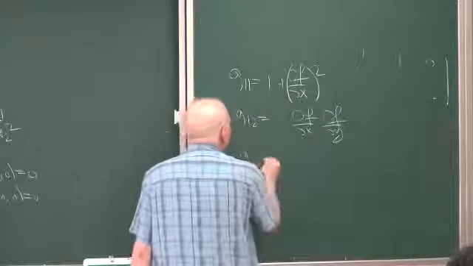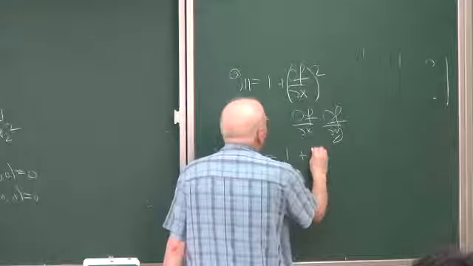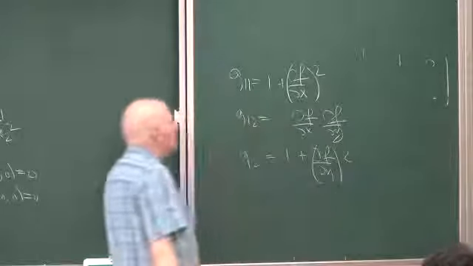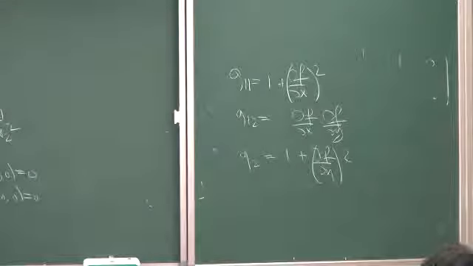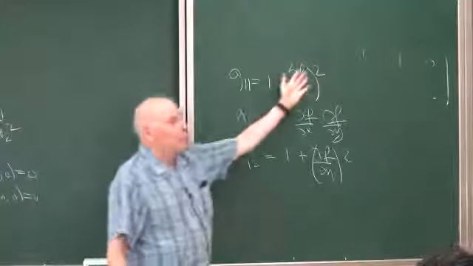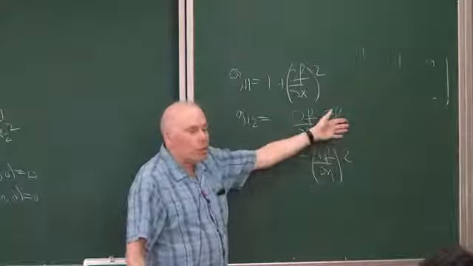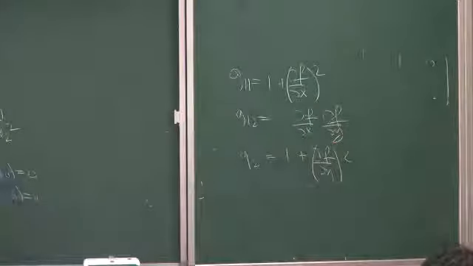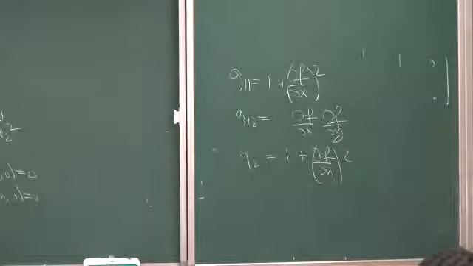And G22 was 1 plus f sub y squared, if I did that correctly? Okay. So in particular, at this point, G11 is 1, G12 is 0, G22 is 1. So it looks like the identity at that point, exactly as the theorem tells us to do. So I found some way to make it look like the identity.